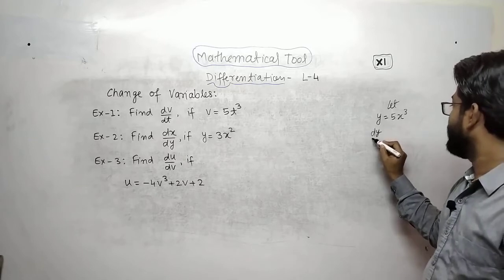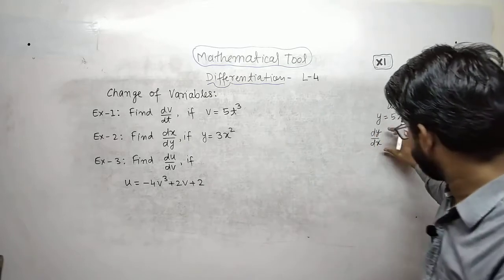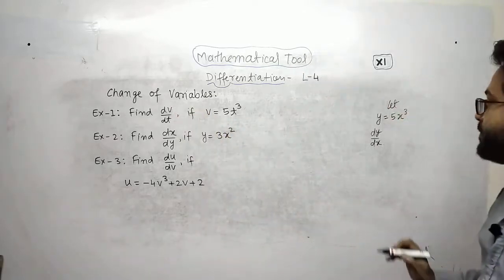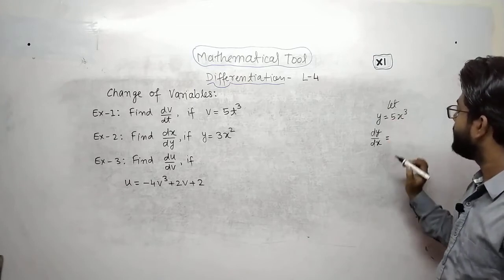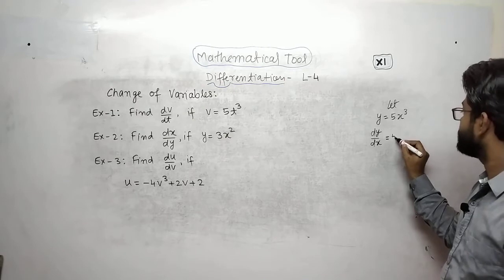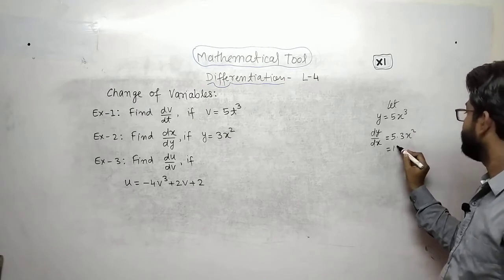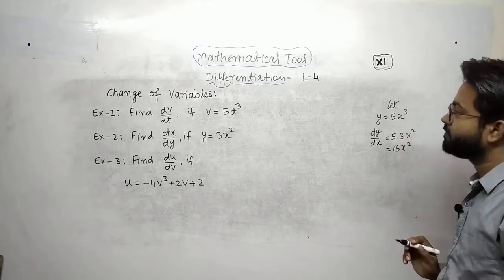Here dy upon dx will be equal to dv upon dt. You know very well how to calculate dy upon dx, that is 5 into 3 into x to the power 2, means 15x square.